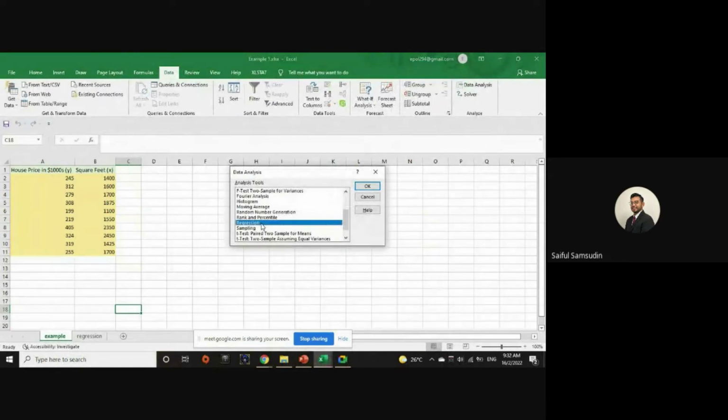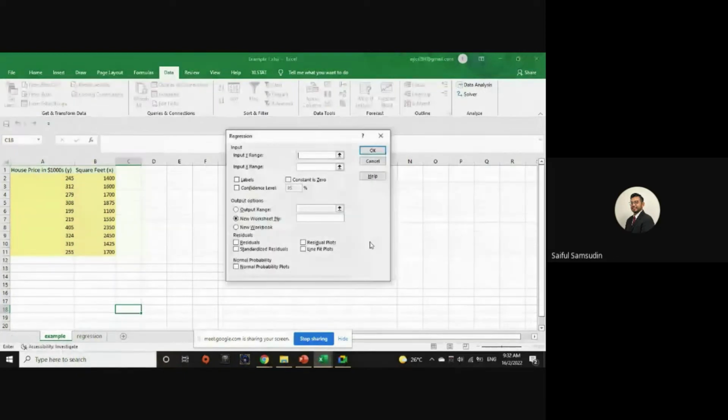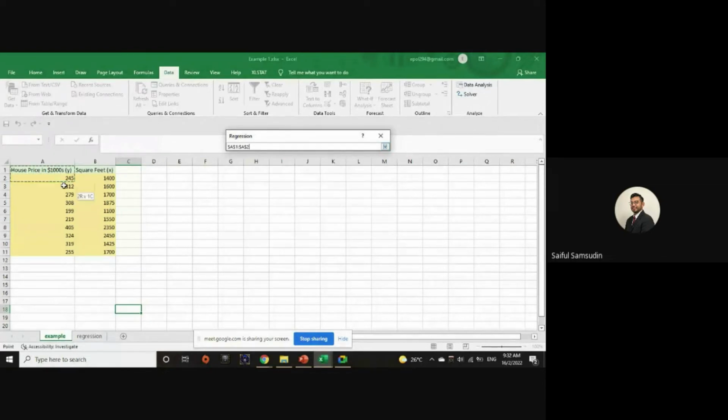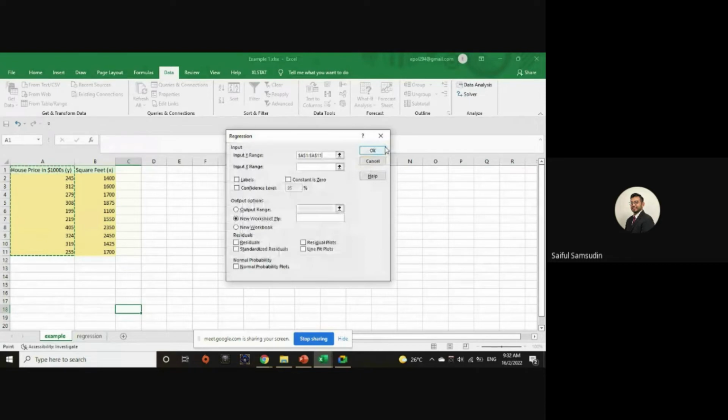Then for input Y, you put house price as the dependent variable, and input X as square feet.